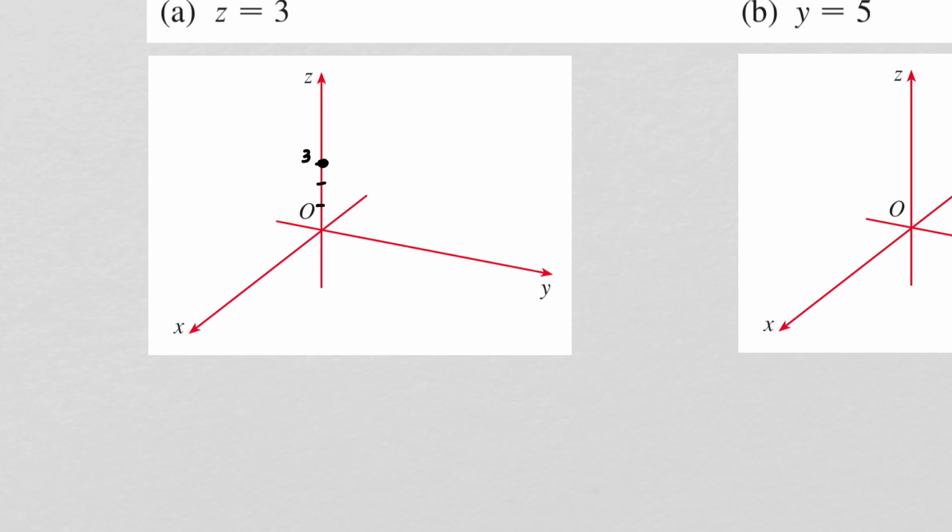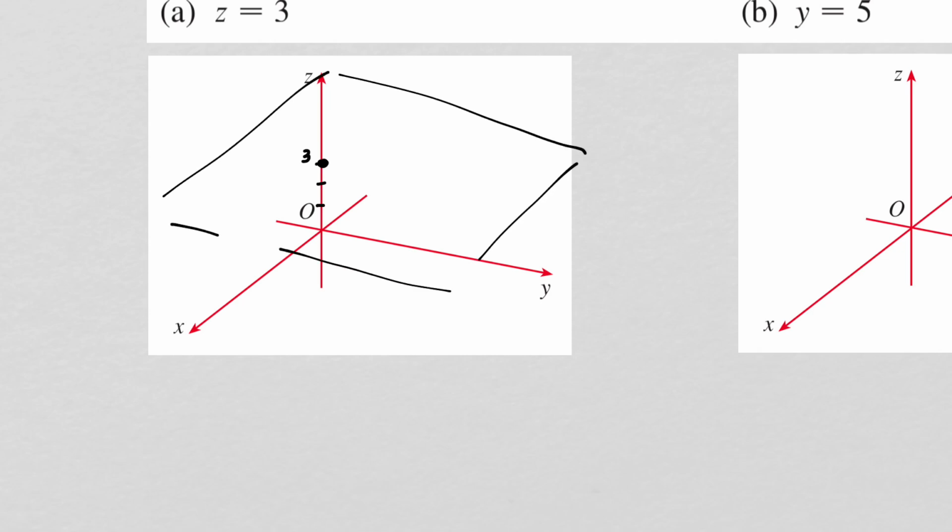But you have to imagine that x and y can be any values as well. So from this point, I can move out in the x direction or in the y direction as long as I don't move up or down, because z always has to be 3. So if you imagine doing this, what you would actually get is a plane, like so, where this point is on that plane.